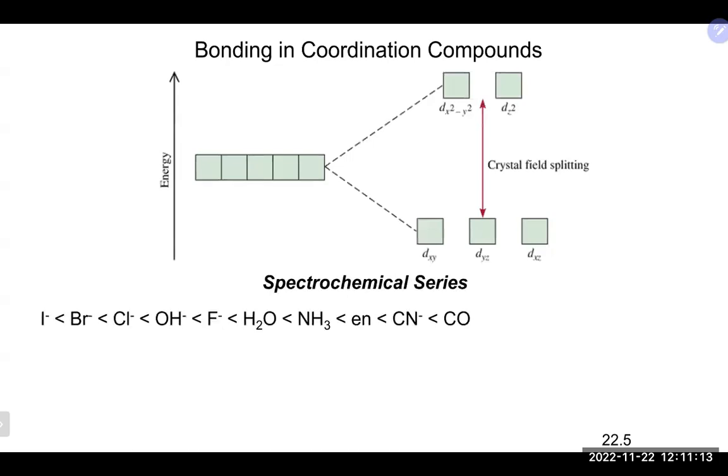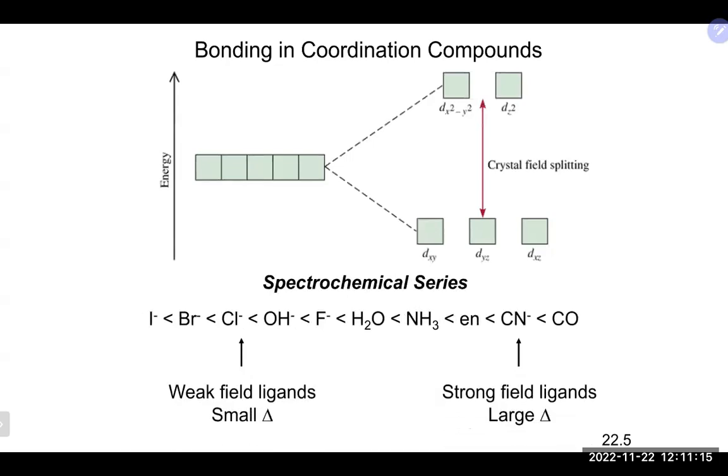So let's talk a little bit more about how we can determine whether the splitting between the d orbitals is going to be too large for the electrons to go up, or maybe not too large for it to go up. There's what's known as the spectrochemical series, and these are a bunch of ligands here.